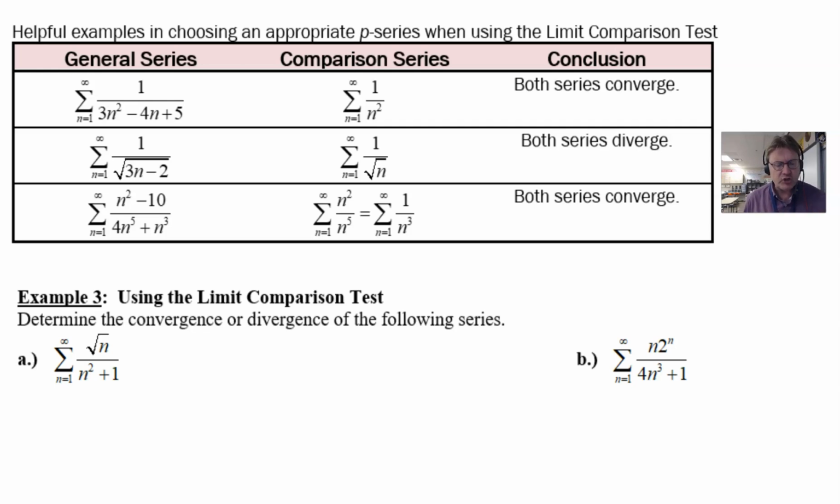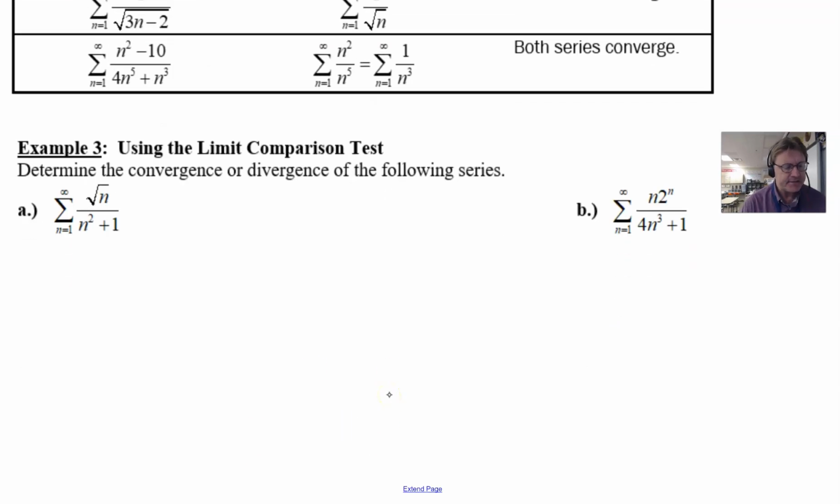Let's see if we can use those to our advantage in working through example 3. Determine the convergence or divergence of these two. The summation of radical n over n squared plus 1. The very first thing, what are we going to compare this to? Well, if I look at this, plus 1, I could probably ignore it. It's not really significant down the line when n gets to be really big.